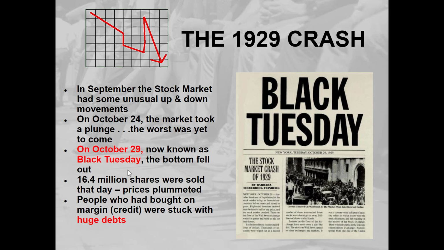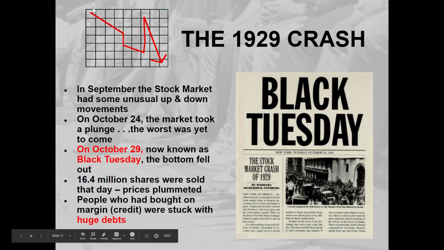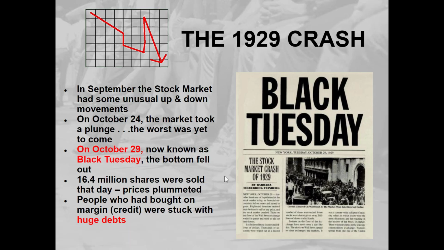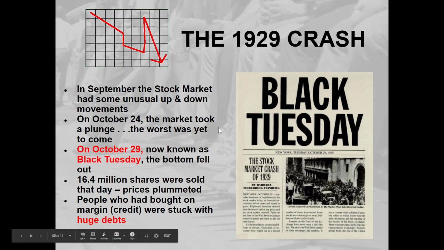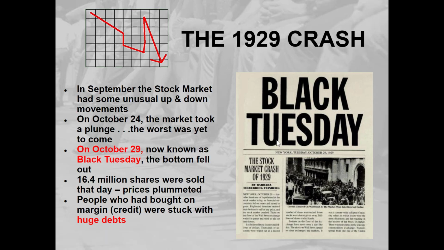On Black Tuesday, 16.4 million shares were sold, and it's going to just plummet the stock market, and it's going to create a huge problem because people who bought stock on credit, meaning they didn't really have the money to do that, borrowed money in the first place to buy stocks. Now companies can't pay that money back.